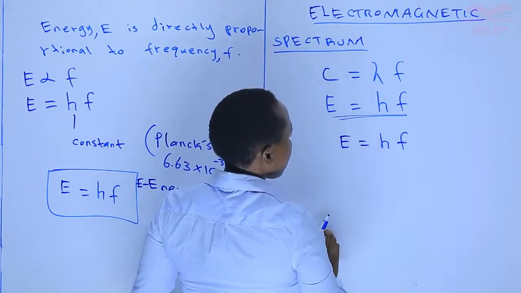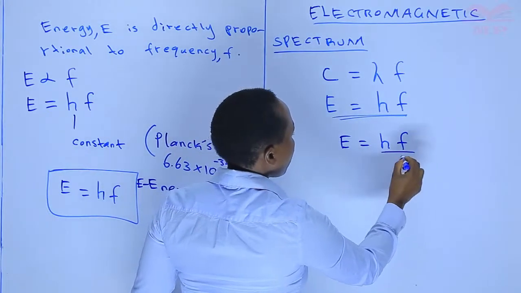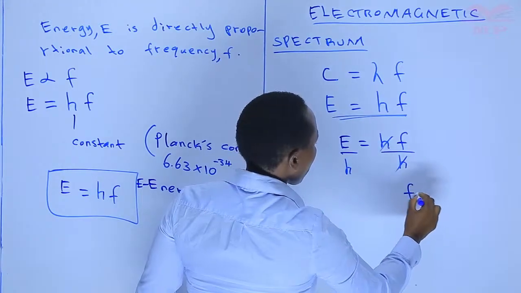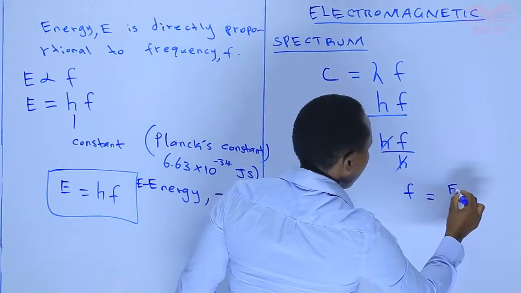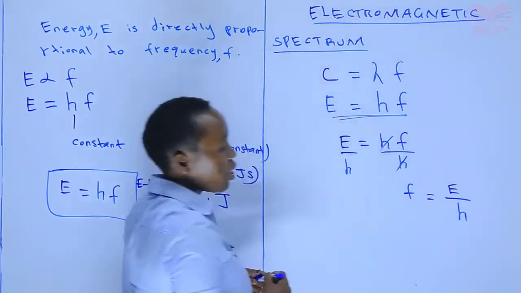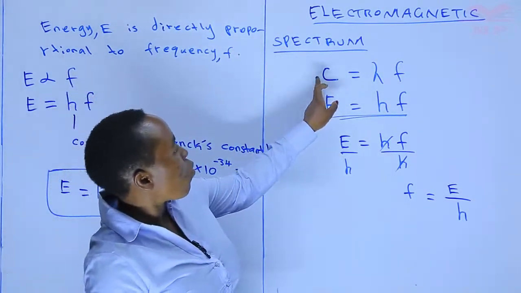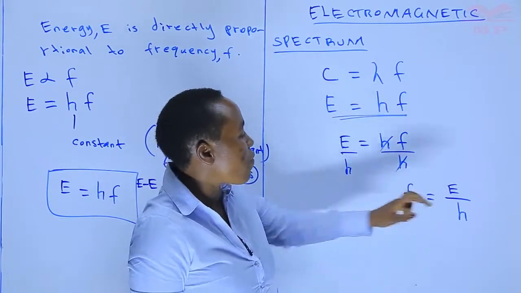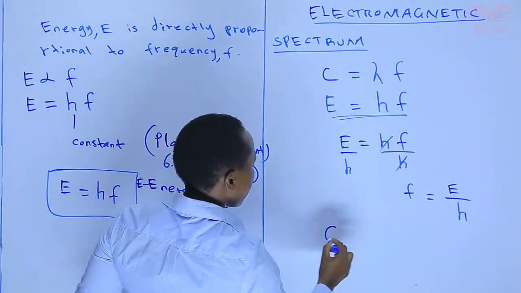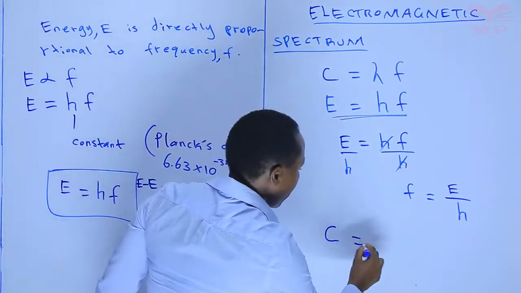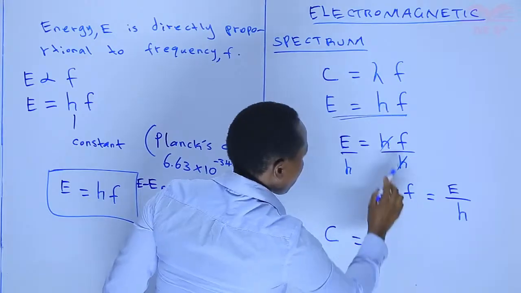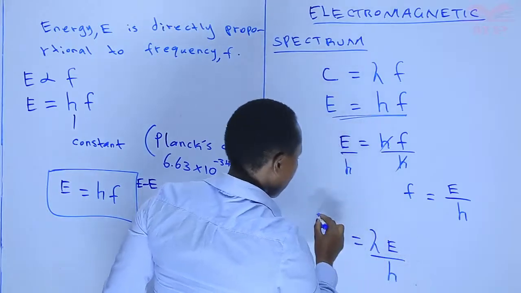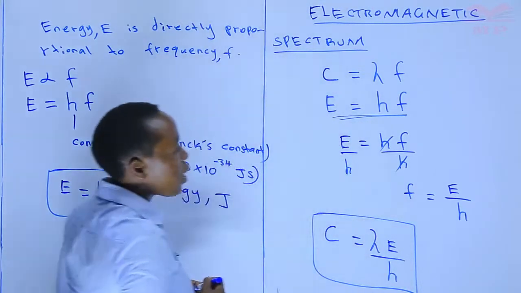If we make F the subject, meaning that we divide both sides by H, we end up getting that our frequency is equal to E all over H. And therefore, we can come up with another formula where we substitute F with E over H, meaning that the speed of light will be equal to our wavelength multiplied by E all over the Planck's constant. That's another formula.